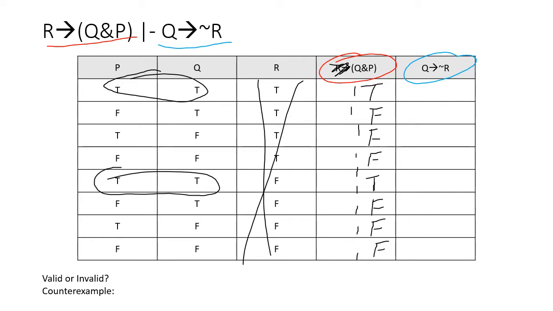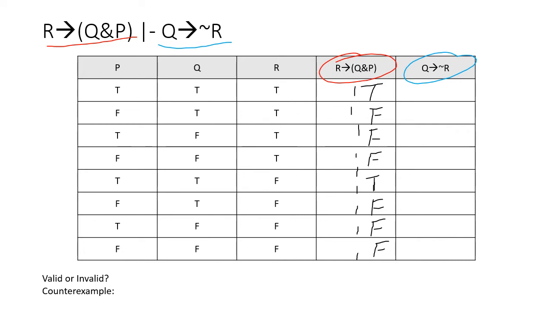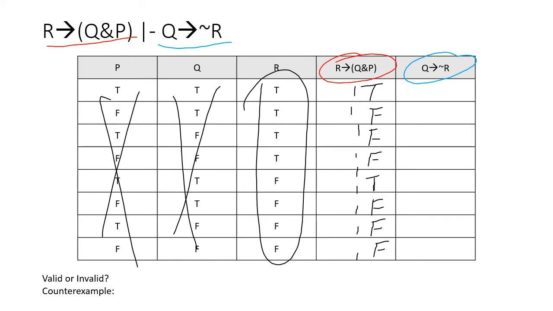And then, once we got that side, we can bring back in the R arrow, and so our R is going to be our left side or our antecedent, and then our Q and P is our right side or our consequent.